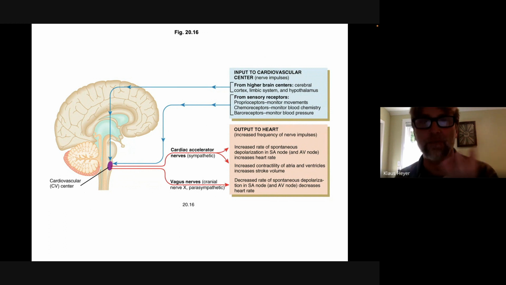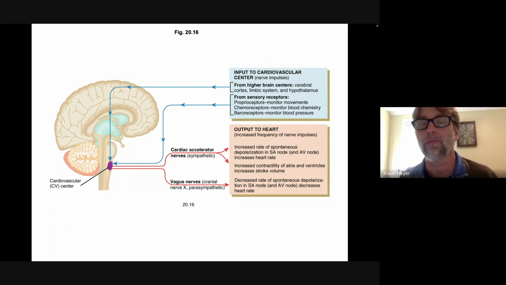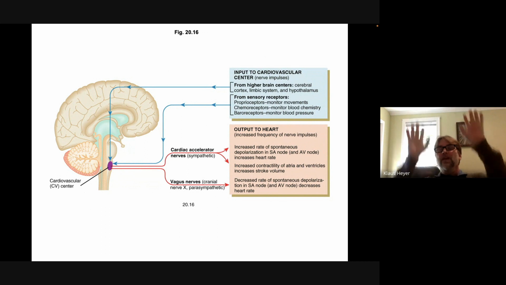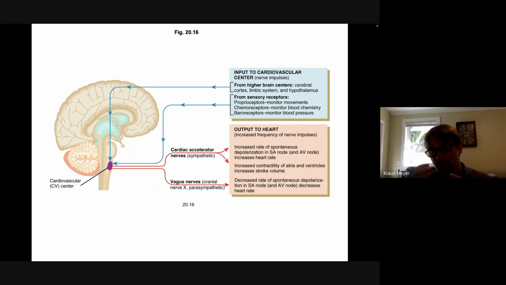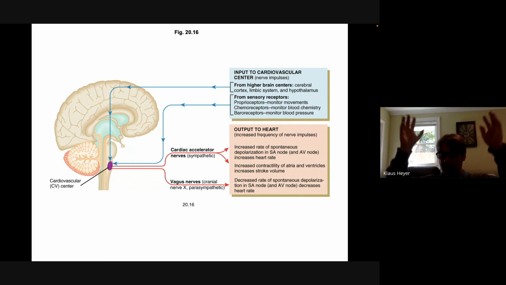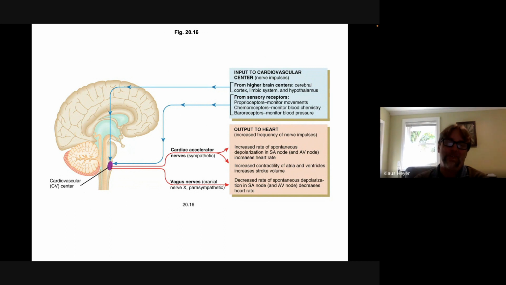So you've got 3 types of receptors. These 3 receptors are coming up again next chapter. Proprioceptors are monitoring limb movement. So if I put my arms up, that's letting my brain know my arms are up. I need to increase my heart rate just a little bit because I now have to get blood up to my hands. So that's limb movement.